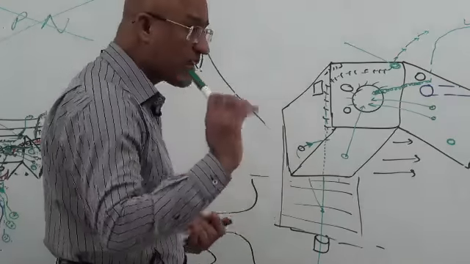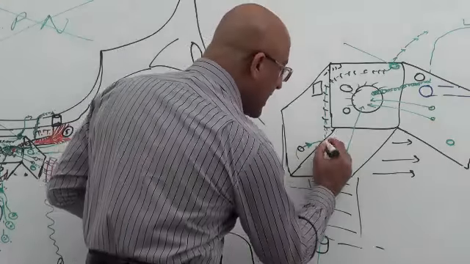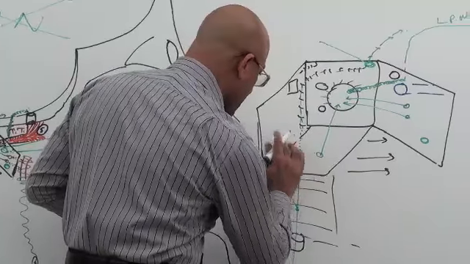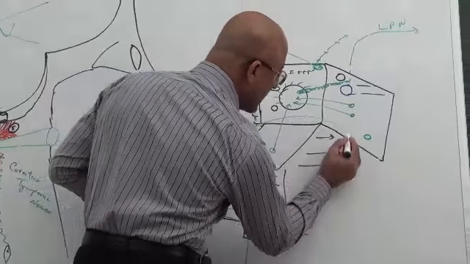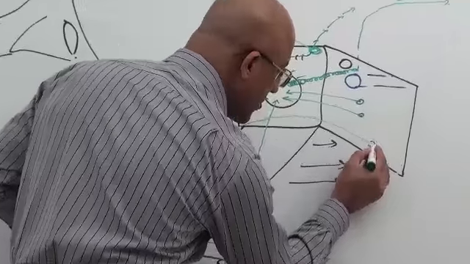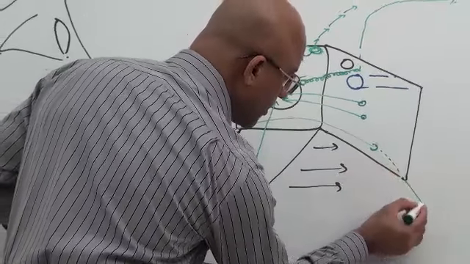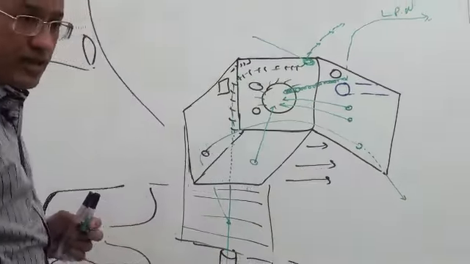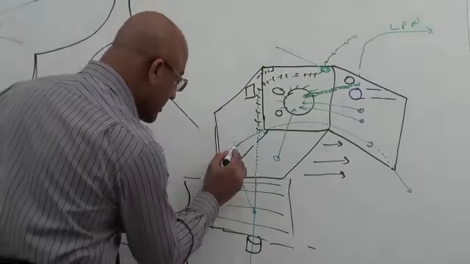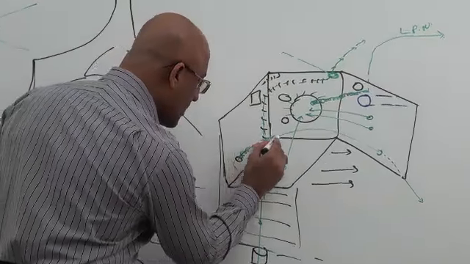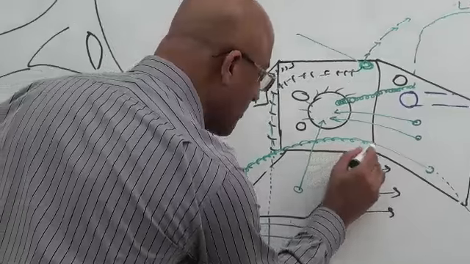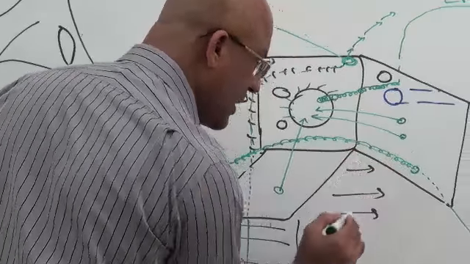Later on I will tell you the exact relationship with the malleus, and from here it will keep on moving upward and forward, and then it will exit from a canaliculus in the anterior wall, right? And this is chorda tympani, which is passing through the middle ear cavity.